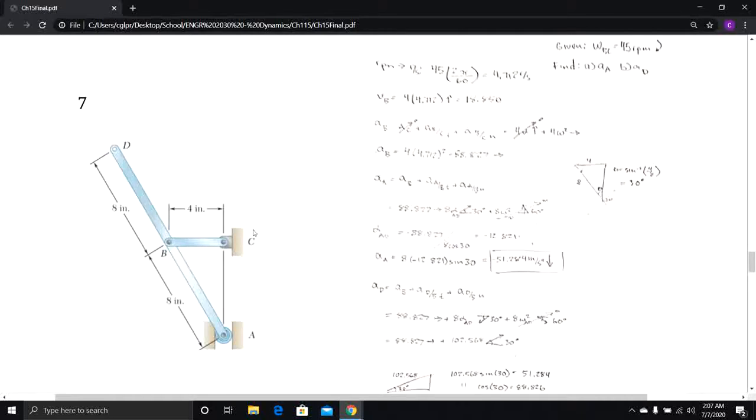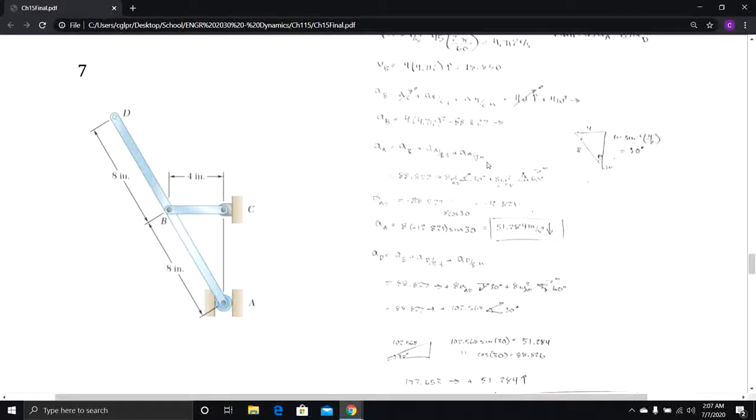Obviously the acceleration of point C is 0, and so I quickly realized that there is not going to be an alpha because it's going to be moving at a constant rate. So I'm left with just 4 omega squared, which equals 88.27.